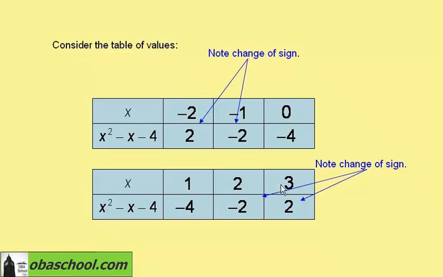And the same is true here between 2 and 3. The minus 2 indicates that the curve is below the x-axis when x equals 2, and the 2 here indicates that the curve is above the x-axis when x equals 3, and therefore there's a root between 2 and 3.